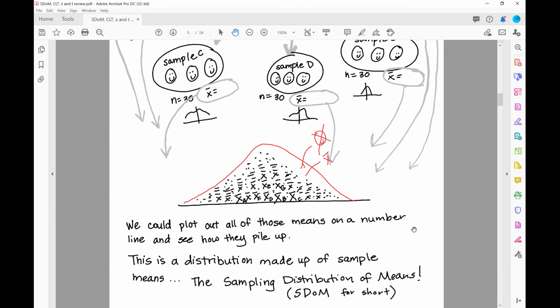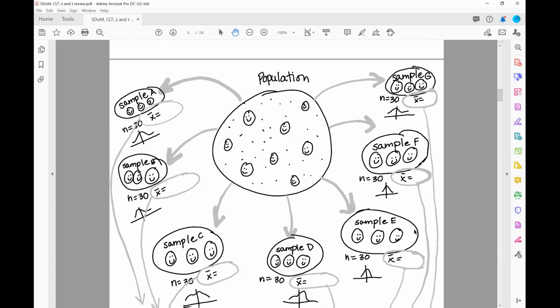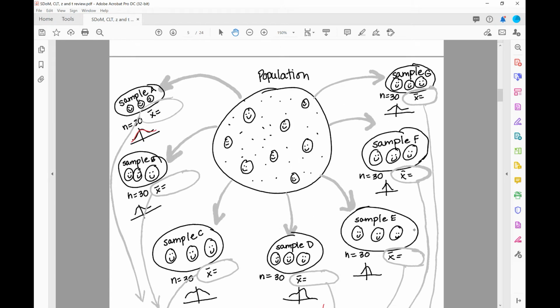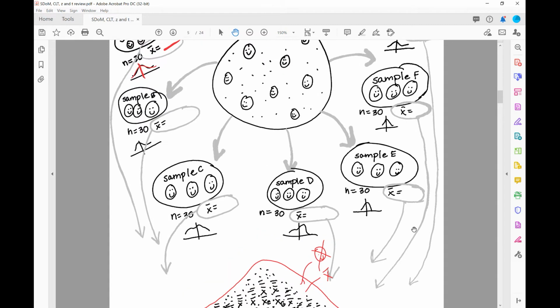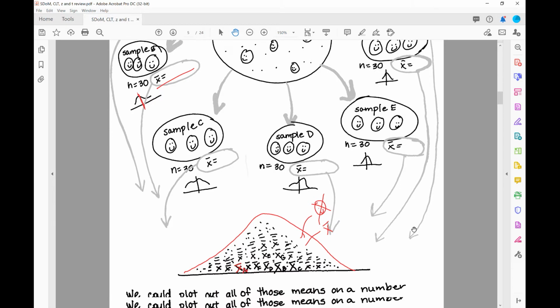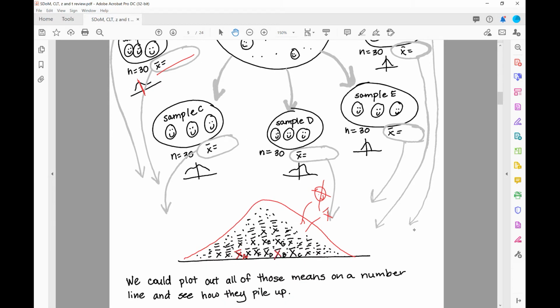So what we're doing is we're saying, okay, here's this sample, here's what it looks like, here's the mean, whatever that works out to be. That's what the middle is for this group. Now I'm going to plot that mean down here on my number line, wherever it falls. For this sample, we see the middle is here on my distribution, and here's my mean. So I'll go ahead and plot that wherever it falls on my number line.